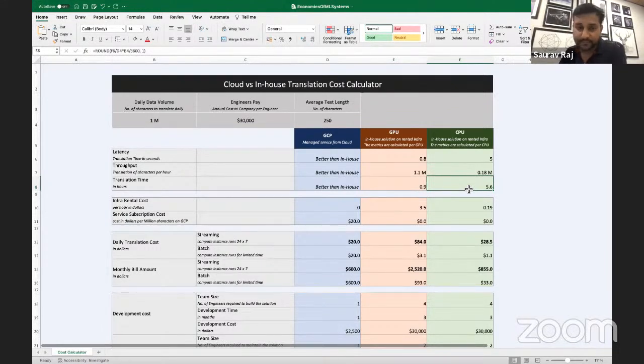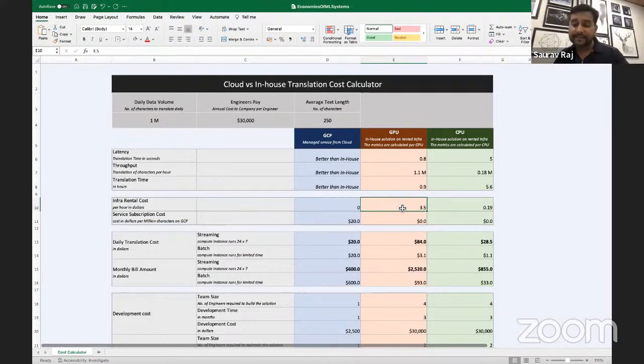Next comes the infrastructure cost that is associated. The machines that we are using, we simply rent from GCP. The rental cost for a GPU-based compute instance is $3.5 per hour. This is a standard cost mentioned on the cloud platform's page.